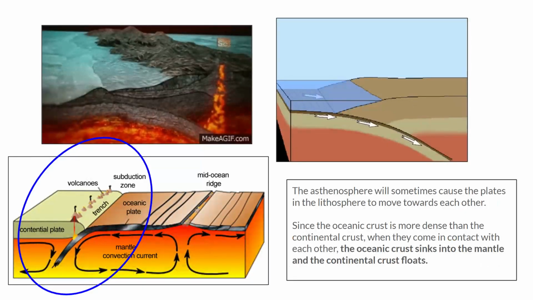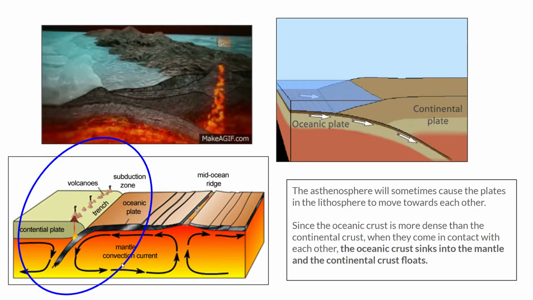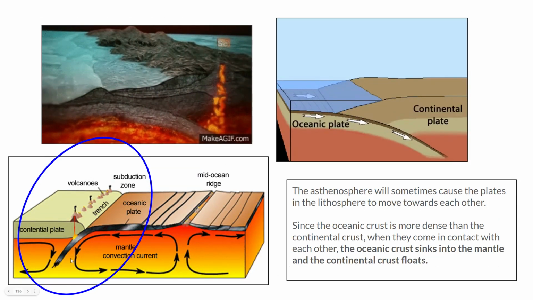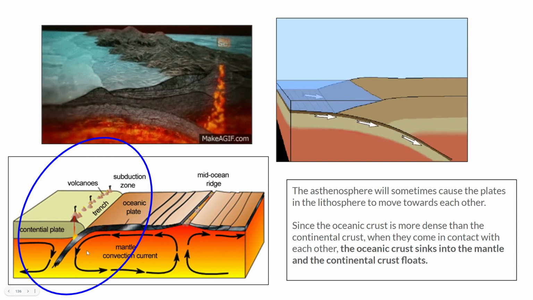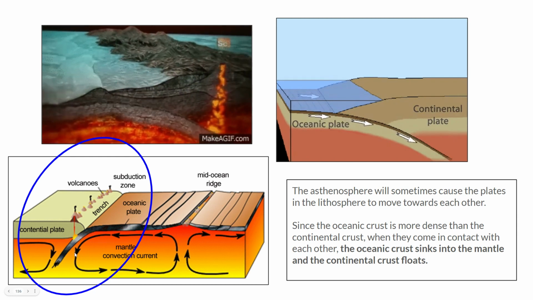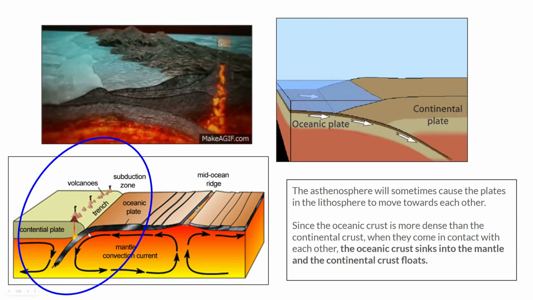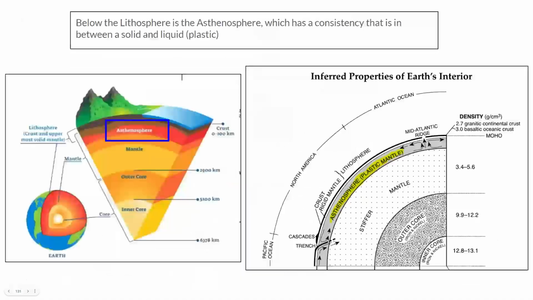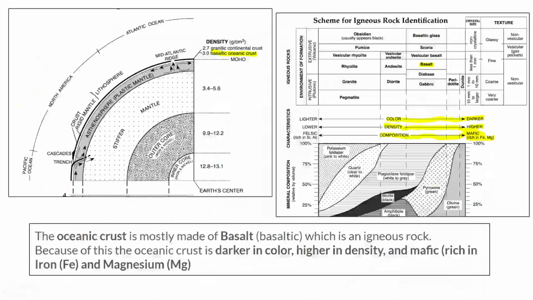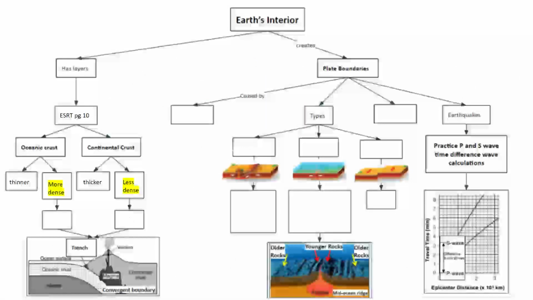What also happens is we know that there are convection currents in the asthenosphere. So sometimes in parts of the asthenosphere, the magma is moving towards itself, as you can see here. This will cause the plates, the lithosphere plates on top, to move towards each other as well. Now, in the past, we said that the oceanic crust is more dense and the continental crust is less dense.